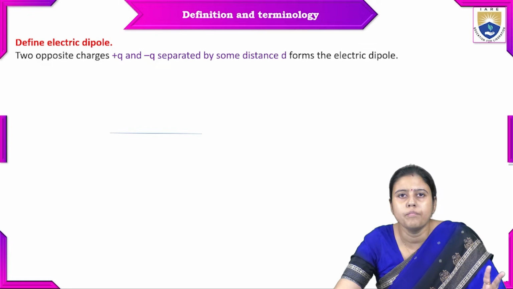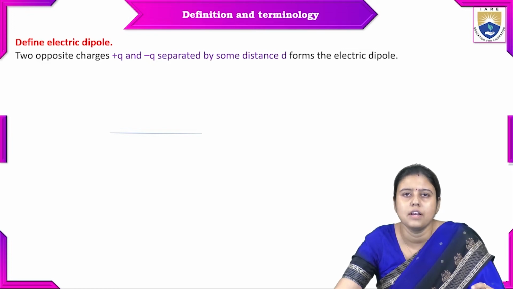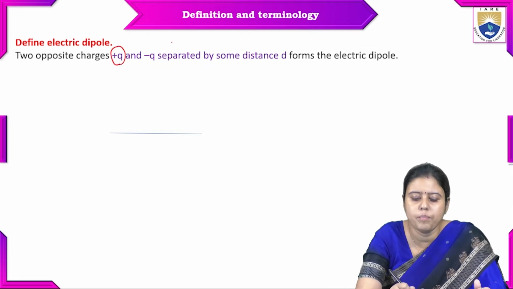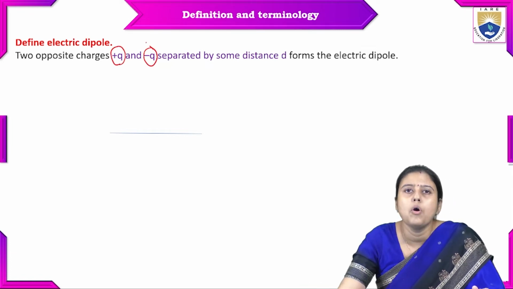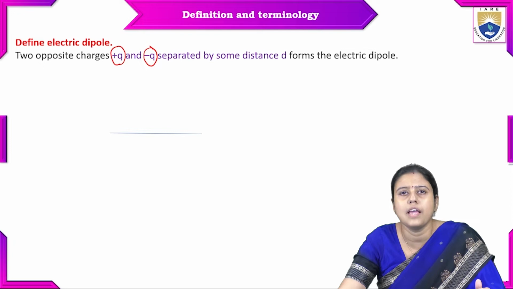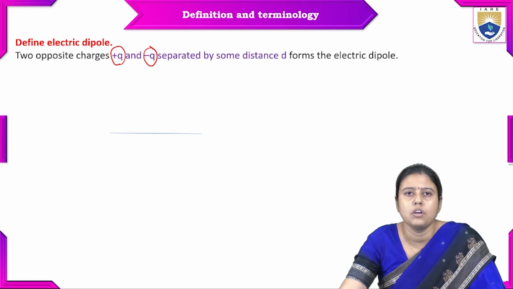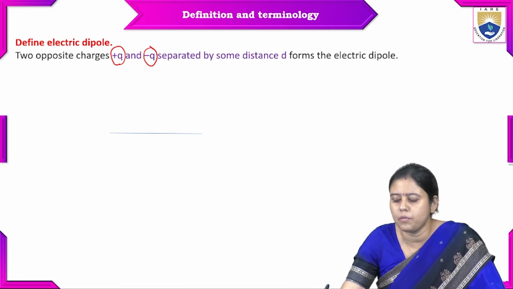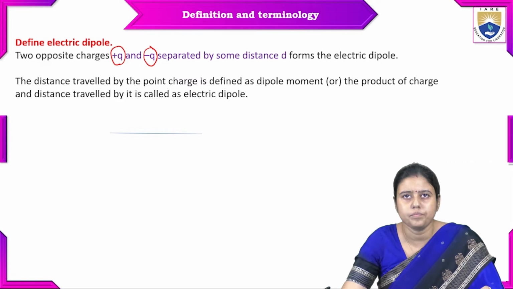Two things must hold. First, the charges should have the same magnitude, plus q and minus q; they are the same in magnitude but opposite in sign.